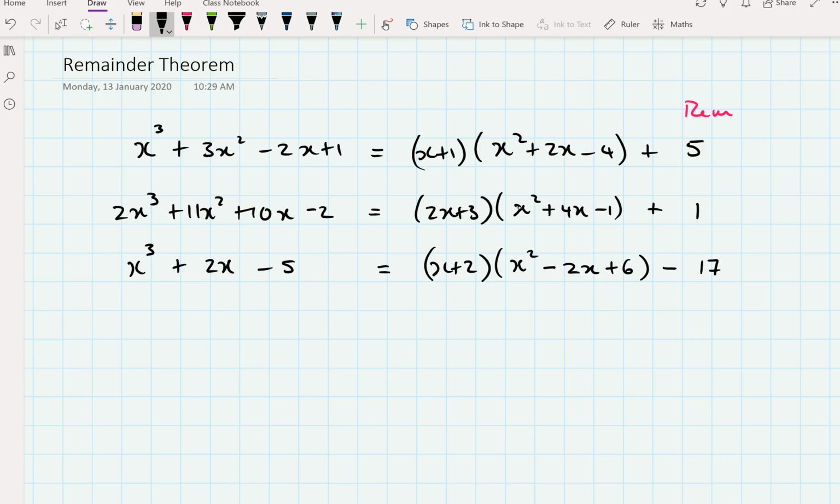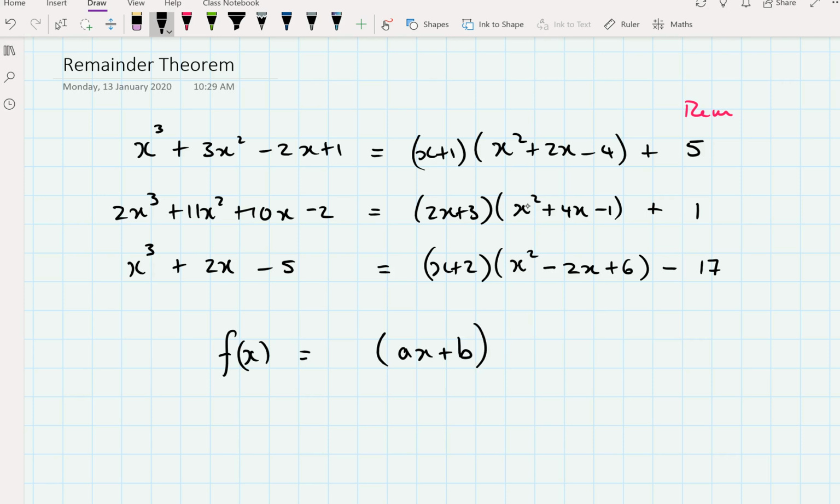Now, in each of these situations, we've been able to write the original polynomial as the product of two factors and a remainder. So, in other words, if I've got a polynomial, which I'm going to call f of x, I could write that polynomial as looking something like this: ax plus b.